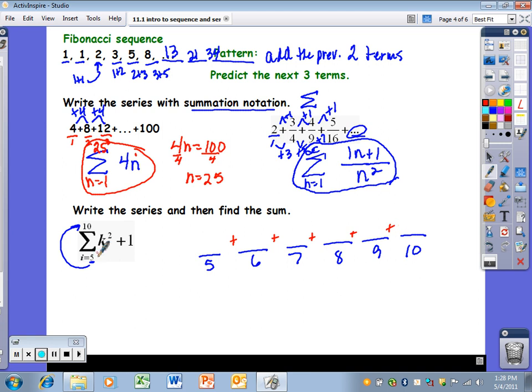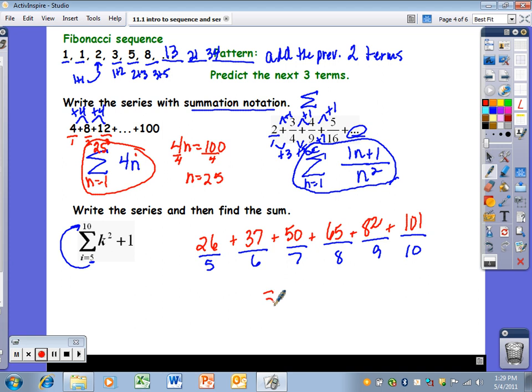So when I put my 5 in there, 5 squared, 25 plus 1, 26. 6 squared, 36 plus 1, 37. 7 squared, 49 plus 1, 50. 8 squared, 64 plus 1, 65. 9 squared, 81 plus 1, 82. 10 squared, 100 plus 1, 101.